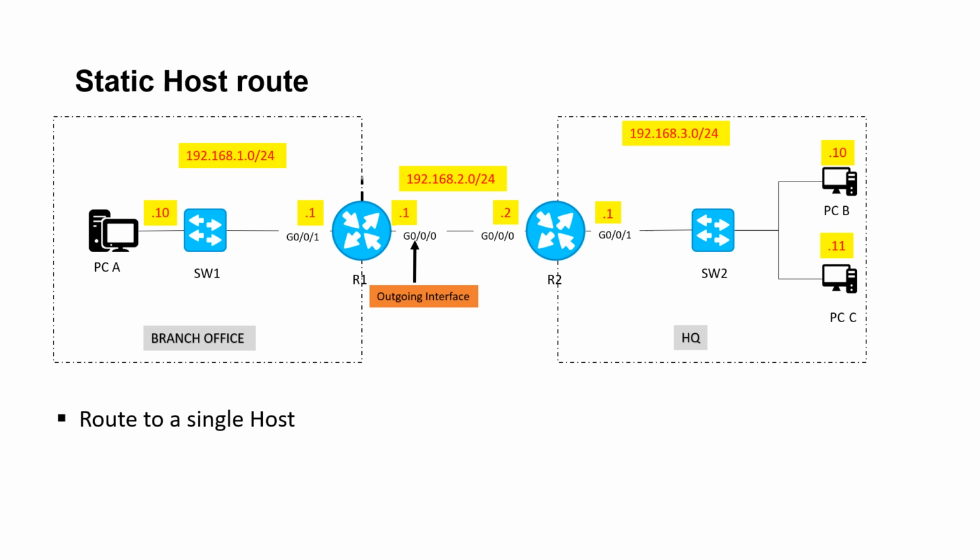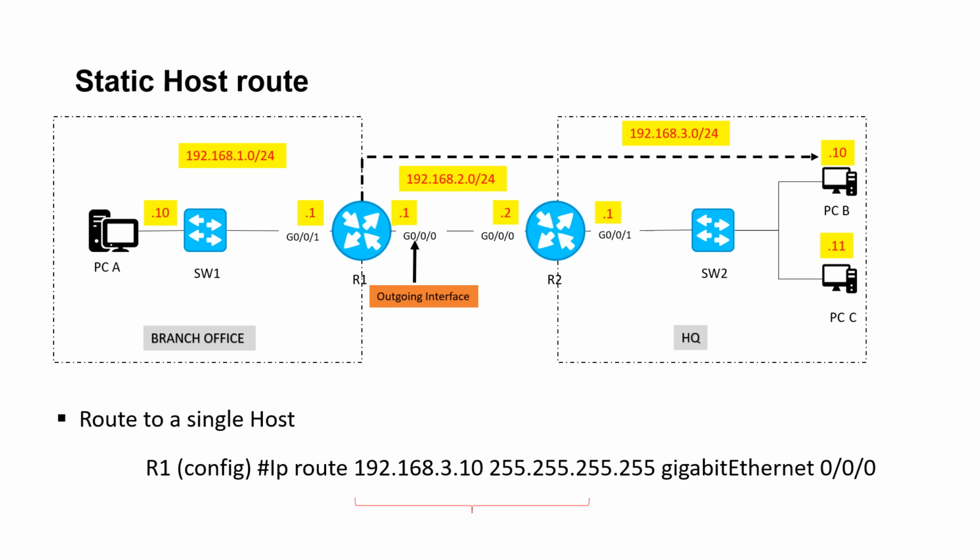A network admin can manually configure a static route to direct traffic to a specific destination device, and to create this you have to use the host ID along with the subnet mask 255.255.255.255. For example, if you want to create a static route for the host 192.168.3.10, then the destination host ID and the subnet mask will be 192.168.3.10, 255.255.255.255.